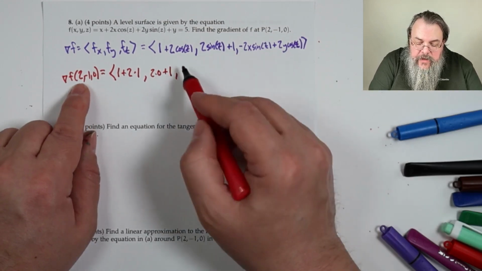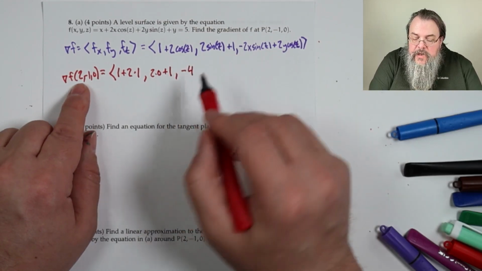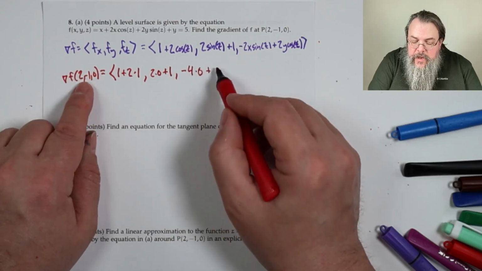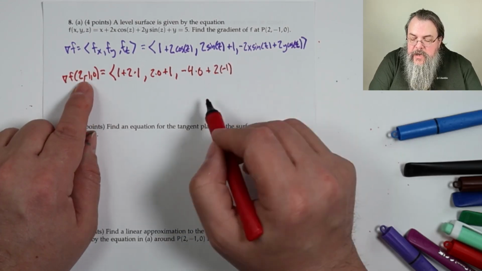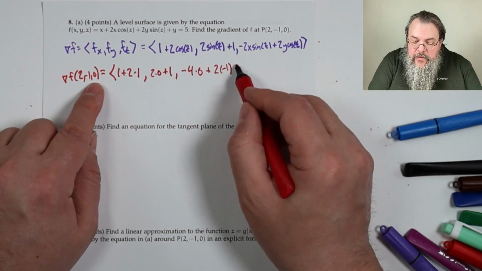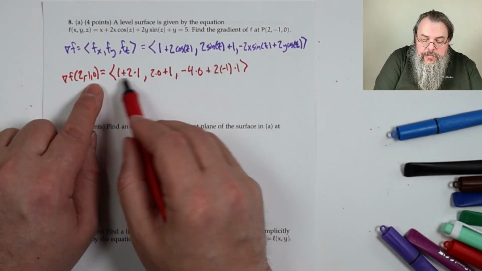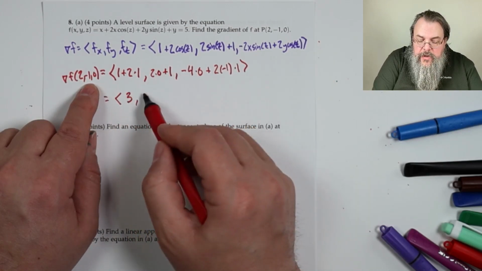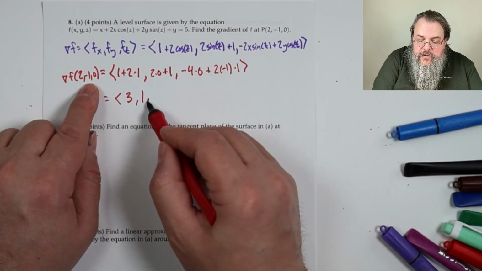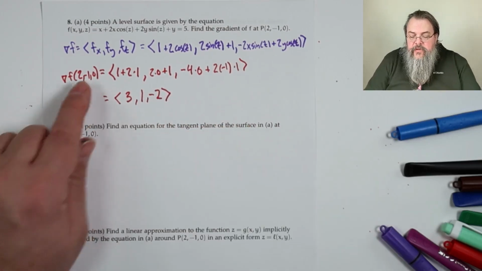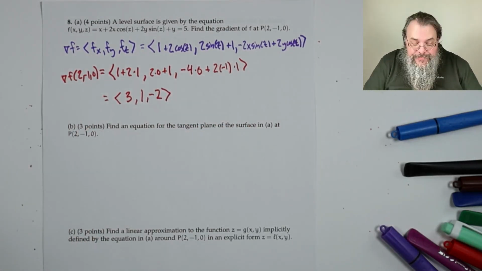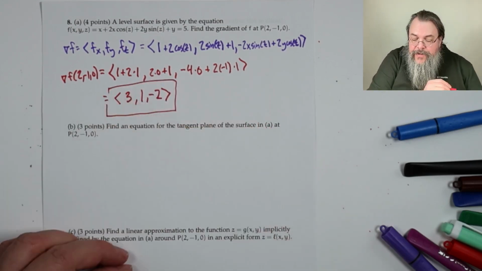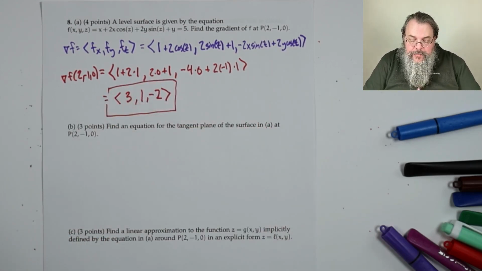Minus 2x, so that's going to be minus 4 times sin 0, which is 0, plus 2y, so 2y times cos 0, which is 1. Okay, so that's 1 plus 2. That makes 3. And 0 plus 1 is 1. And 0 minus 2 is negative 2. So (3, 1, -2). Okay, so that's our gradient at the point (2, -1, 0).